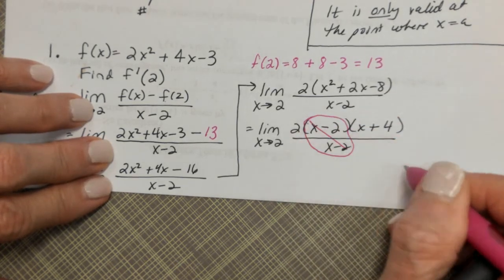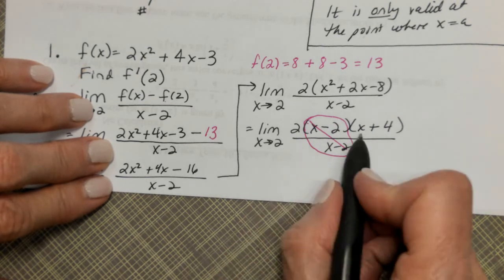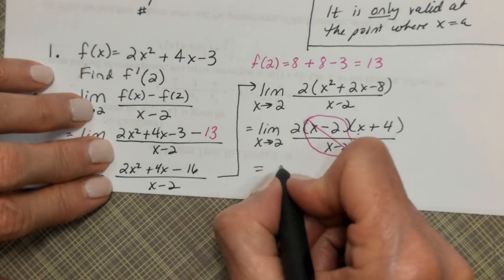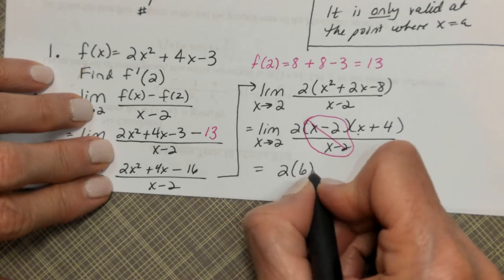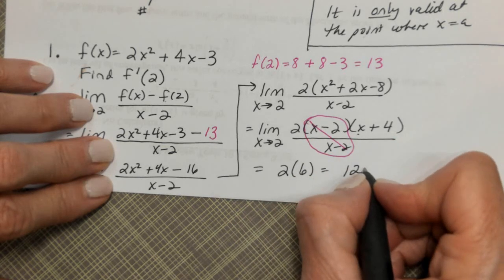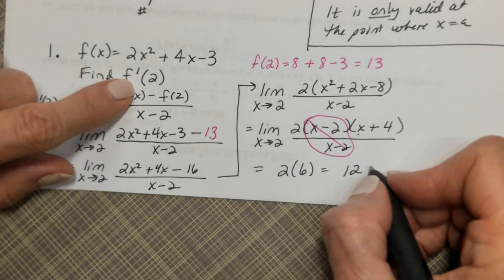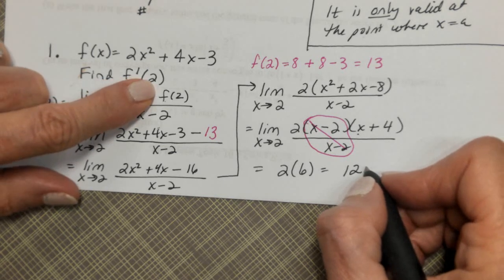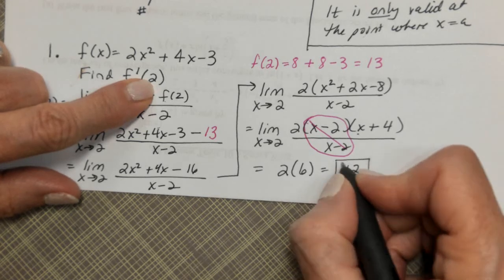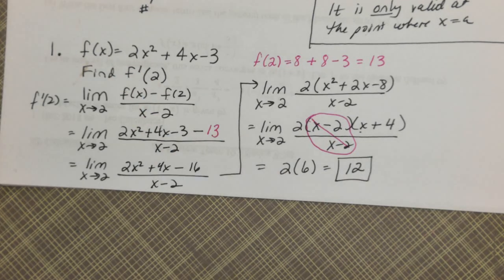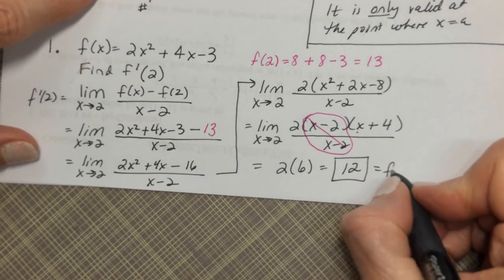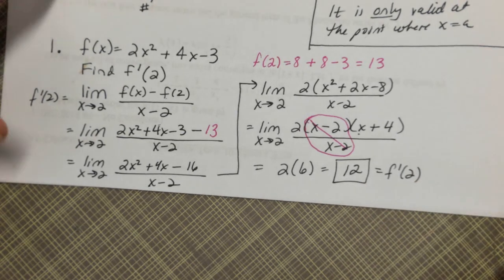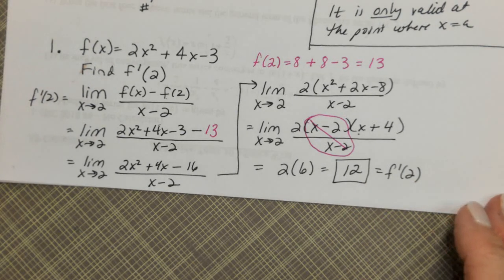They cancel each other out. We're going to plug 2 into the remaining x, and we'll have 2 times 6, which is 12. So the slope of the tangent line to f when x is 2 is 12. That is f prime of 2, the derivative of f at 2.